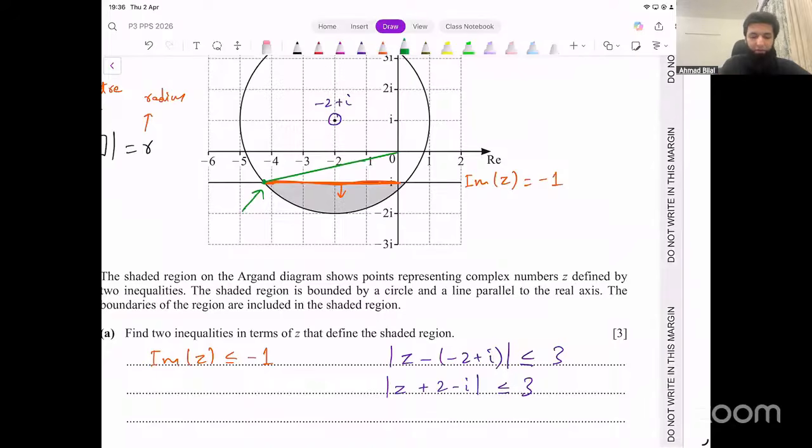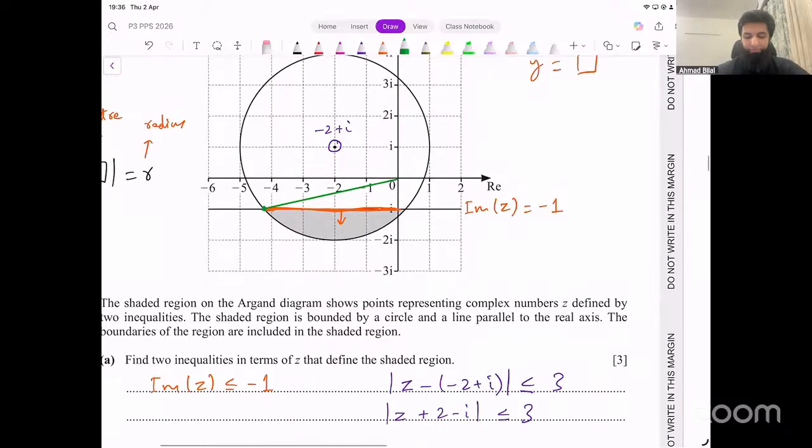So what we are looking for is the length of this green line. That will be the maximum distance from the origin. Now the question is, how do you find this length?